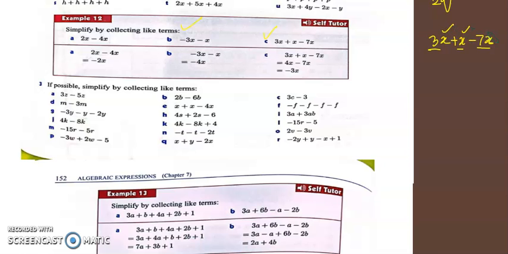So we can add them. 3x plus x will give us 4x, and minus 7x. So 4 minus 7 is minus 3, and x, and that is your answer. I hope you understood this. In case there is a problem, you can write and I will explain in the live class.